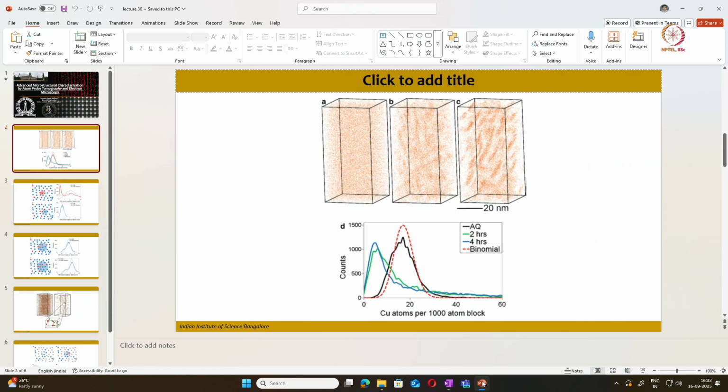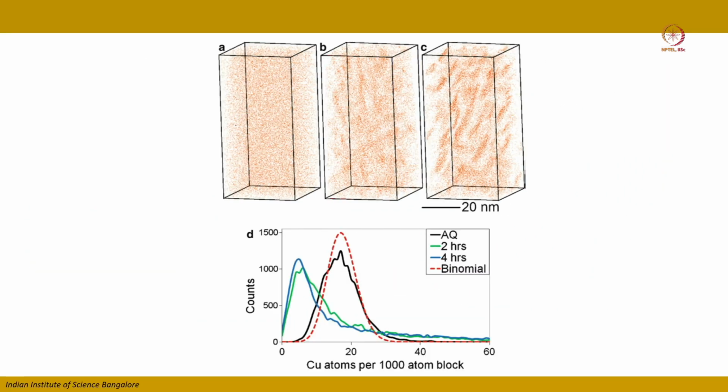So I will show you an example of atomic scale clustering in an aluminum copper alloy. Here you can see that the orange color are the copper atoms in an aluminum alloy, and this particular one is as quenched, which means it's mostly a solid solution.